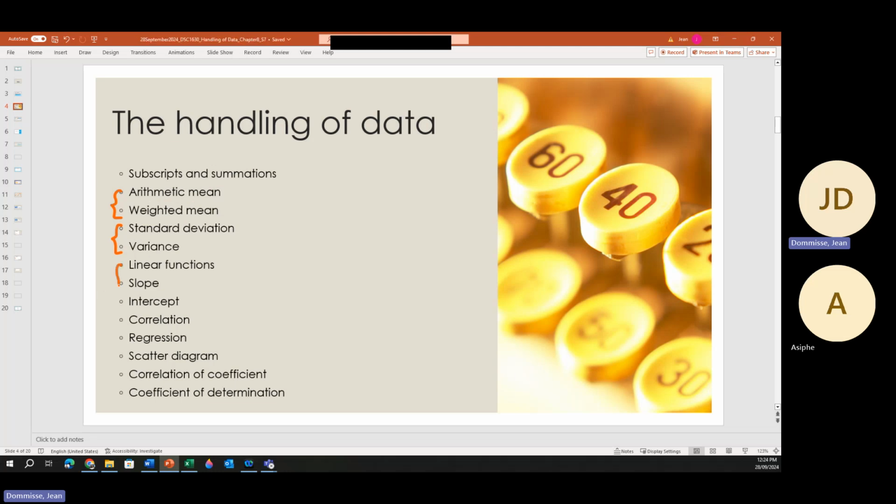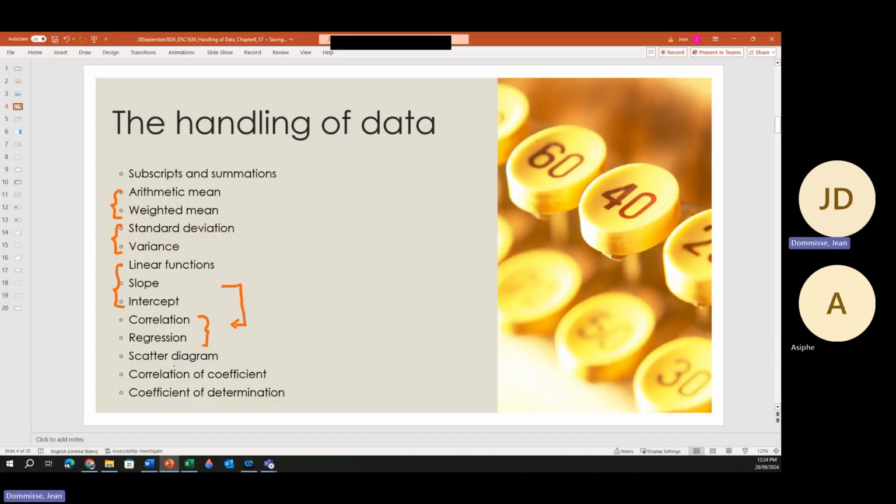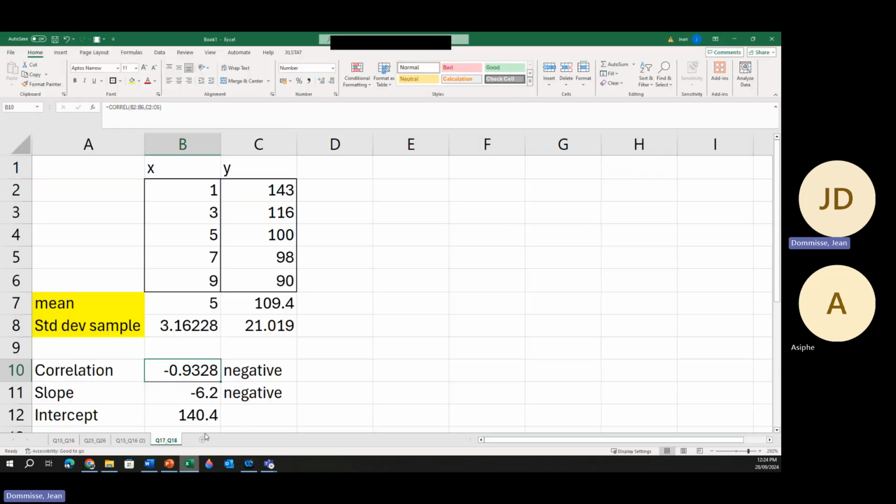Then we looked at a linear function with slope and intercept. And linked to linear functions is also your correlation and regression. Then we did a bit on the scatter diagram. And if we need it, let's put that into one of the Excel numbers as well.